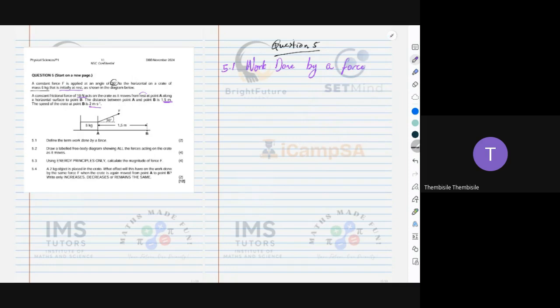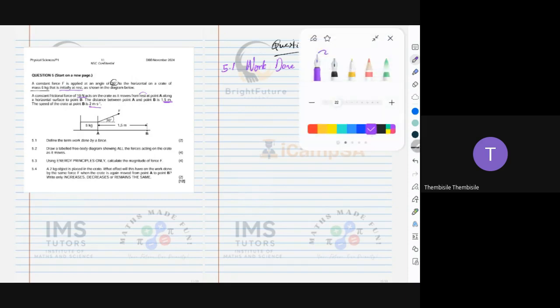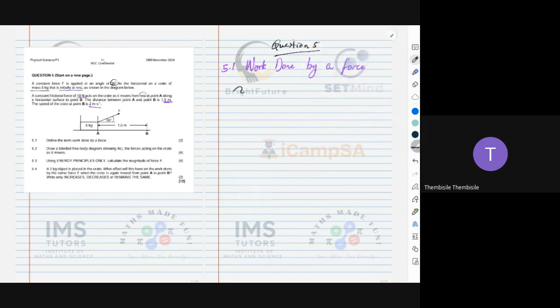So what is work done by a force? So we know that work equals force times displacement times cos theta. You see, this is a great example here, these dotted lines.